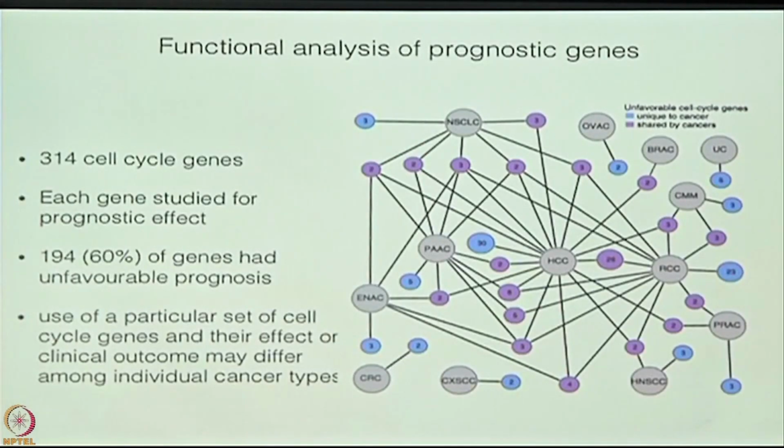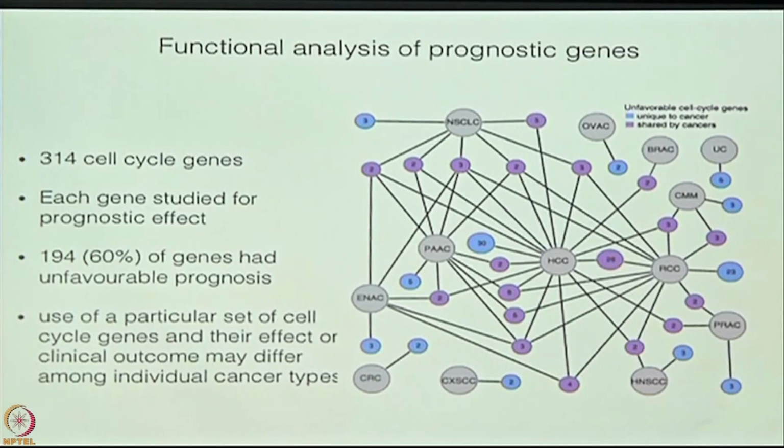Because the mitotic cell cycle was found to be significant, all 314 cell cycle genes were studied because it was that significant. And each gene was studied separately for a prognostic effect. Now, if you ask me, this was a big surprise for me. You know what my concept as a diagnostic pathologist is?